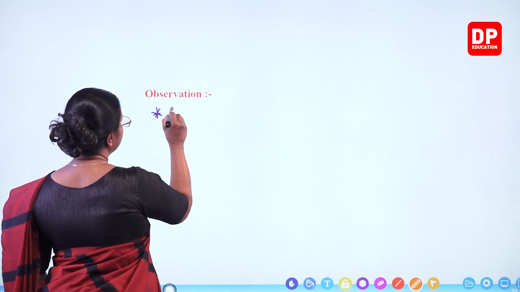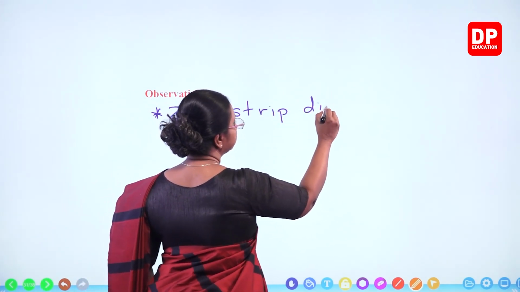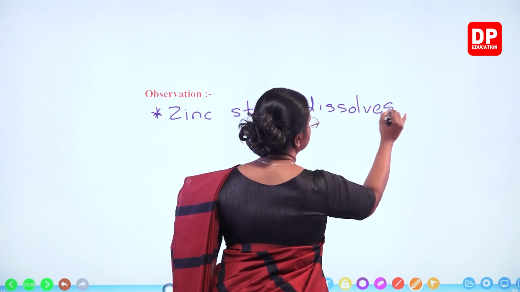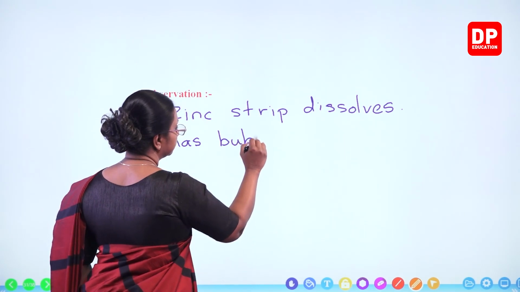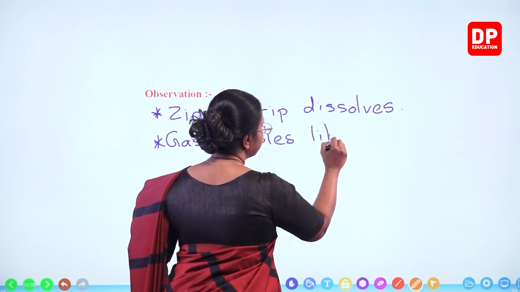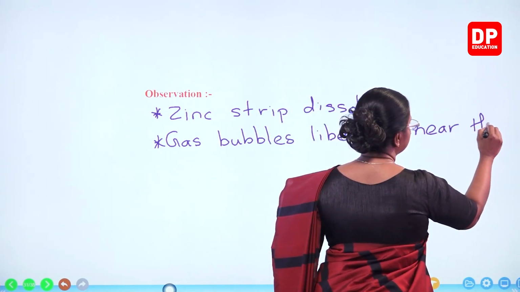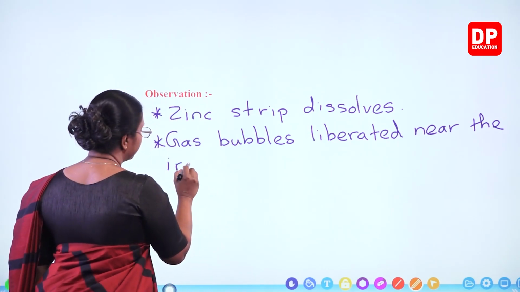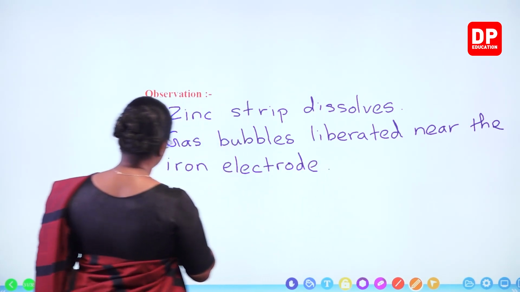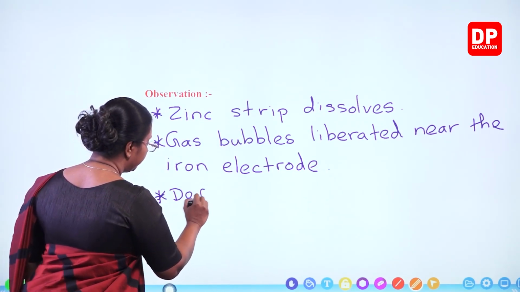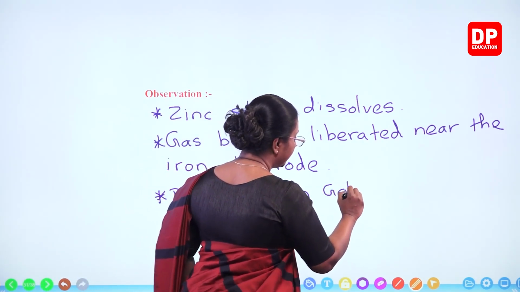So, the observations of the electrochemical cell: you were able to see the zinc strip dissolves, then gas bubbles liberated near the iron electrode, and also deflection in the galvanometer.